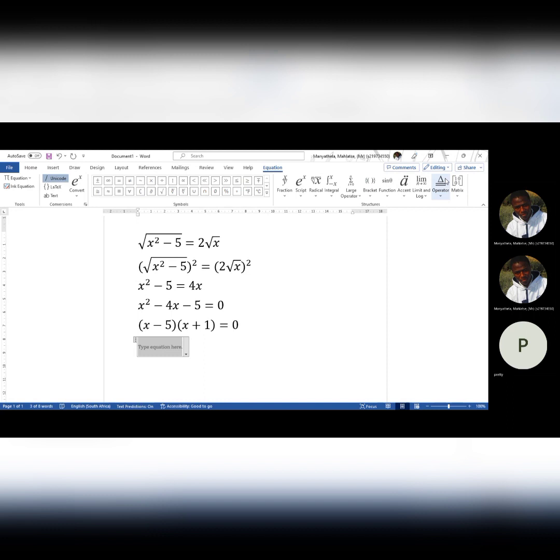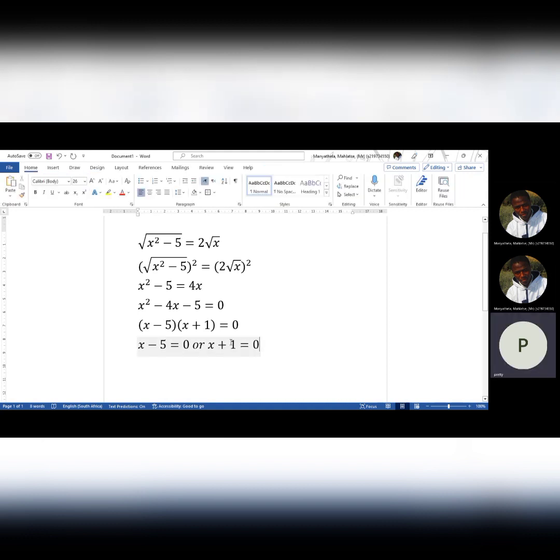To complete this, x equal to something. We say x minus 5 equal to 0 or x plus 1 equal to 0. Okay, thank you. So x minus 5 equal to 0 or x plus 1 equal to 0.